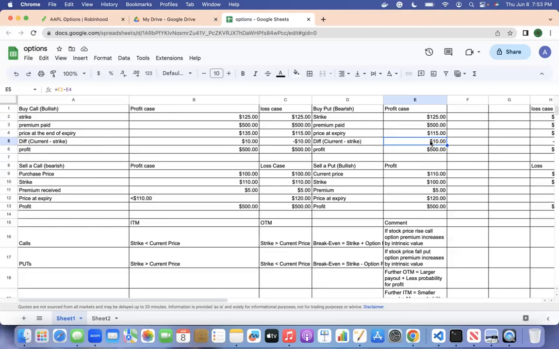So that's giving you some kind of risk management. Option trading is also about taking risk and managing that risk. You are making a bet that the stock will go up and you'll make money. Instead, the stock went down, but you didn't lose the whole amount as you would have if you had bought the 100 stocks of Apple straight away. Those are the things you have to keep in mind.